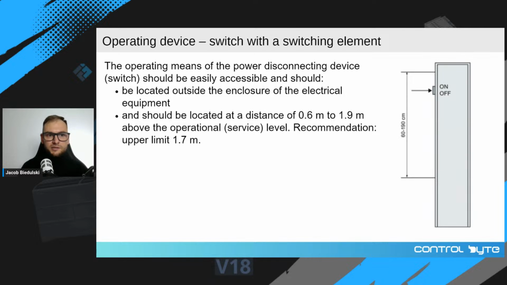Okay, it is almost an hour that has passed during this meeting, and today I have some more information for you about our training. So we talked about the basics of electrical wiring diagrams.